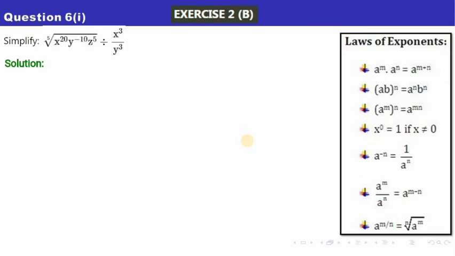Okay, so let's have a look at this now. This is the given question. Now if you observe only this part, this is similar to this. So this n here is 5, and this n goes to the denominator of this power m. That's what I am going to do here.